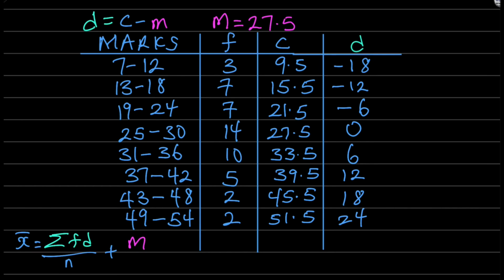Let's go back to the formula. Remember, the formula dictates your steps or your direction. So the formula says summation FD, but before you can find summation FD, you need FD first. So we need another column called the FD column.